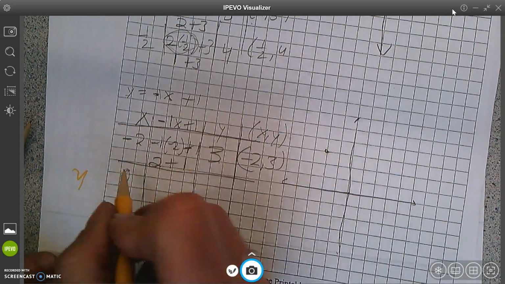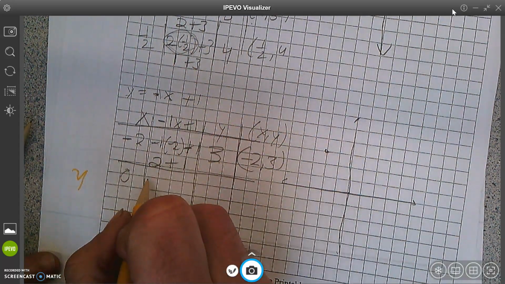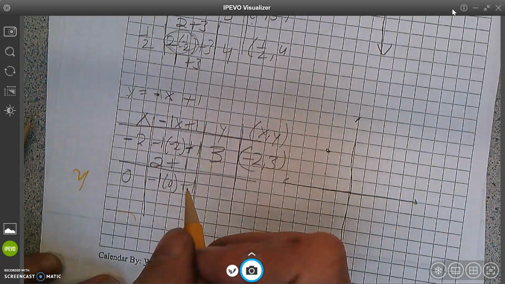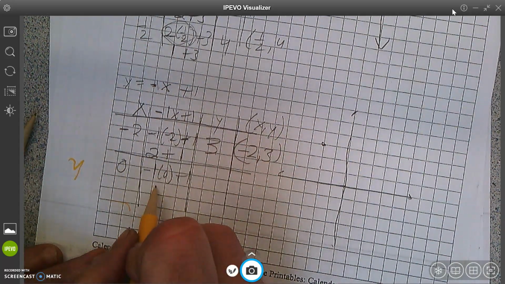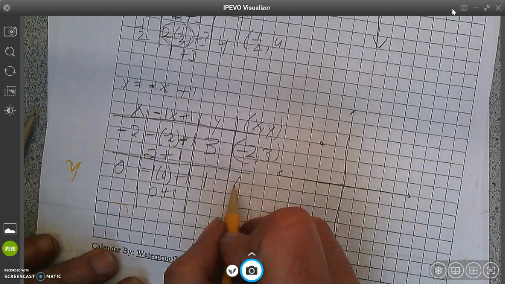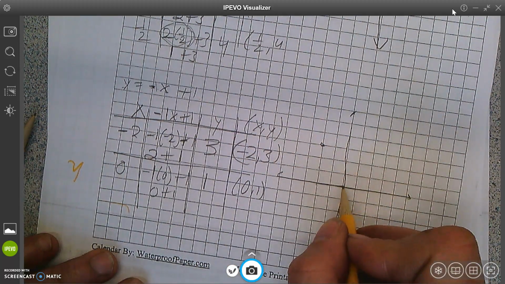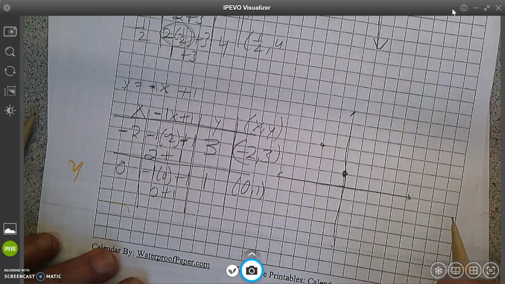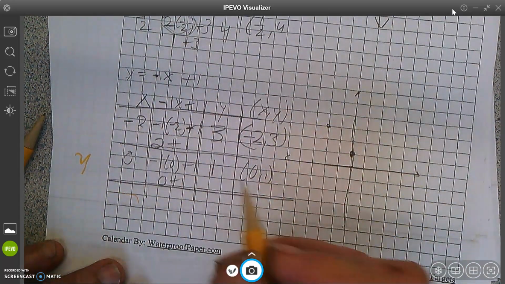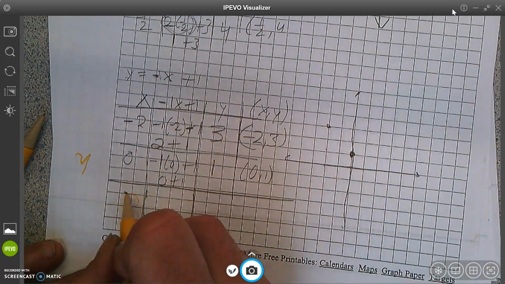Another point. 0 is always easy to work with. So -1 times 0 plus 1. -1 times 0 is 0. 0 plus 1 is 1. 0, 1. Bam. Also a solution. Let's pick another one. I don't know. Let's pick 2.